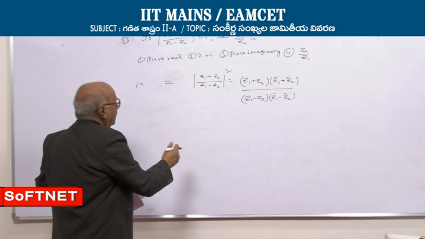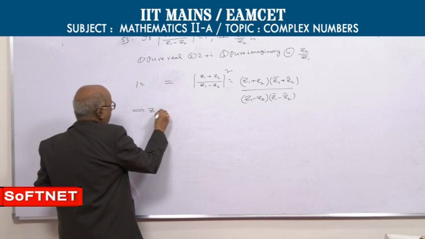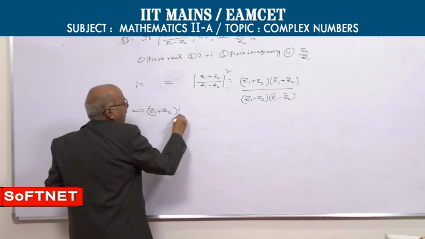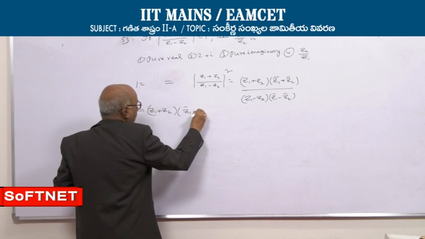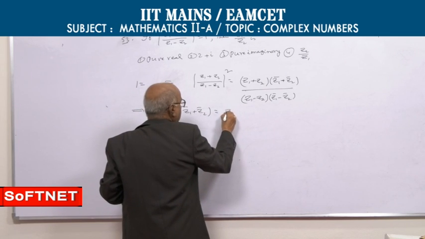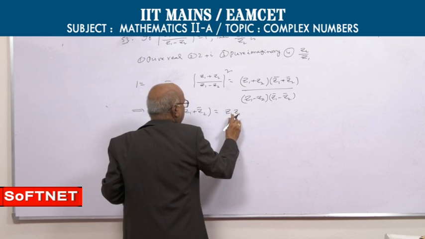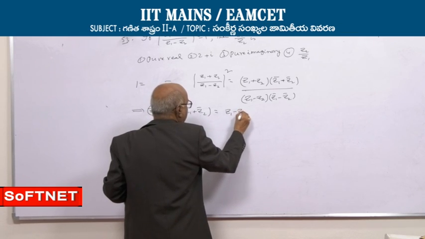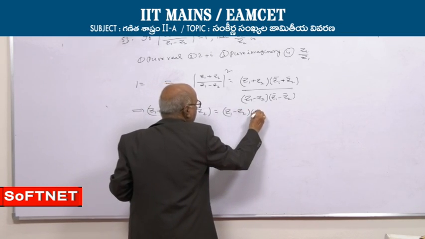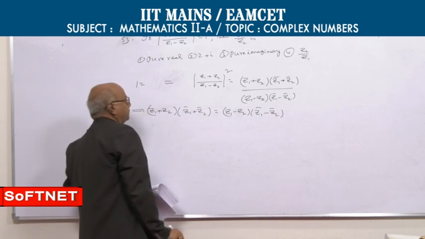So now cross multiplication, you will get (Z1 + Z2)(Z1 bar + Z2 bar) is equal to (Z1 - Z2)(Z1 bar - Z2 bar).